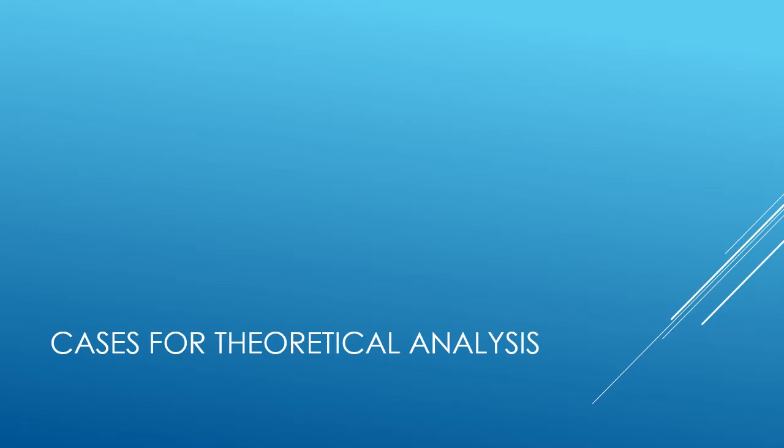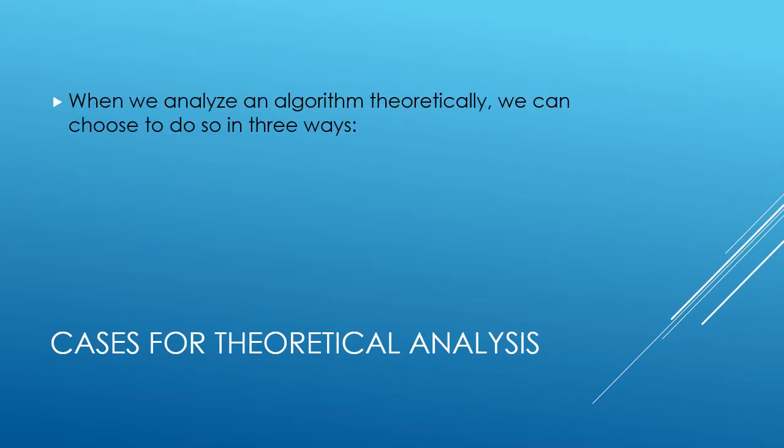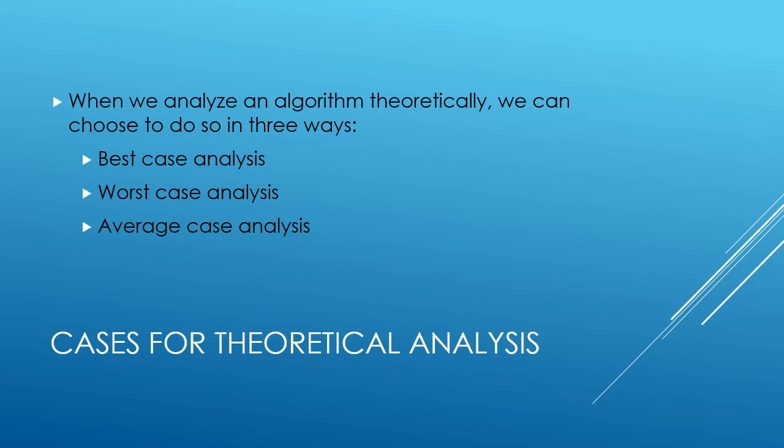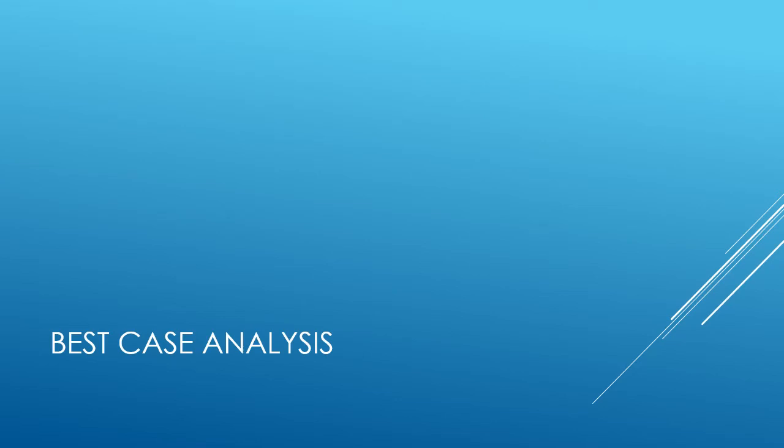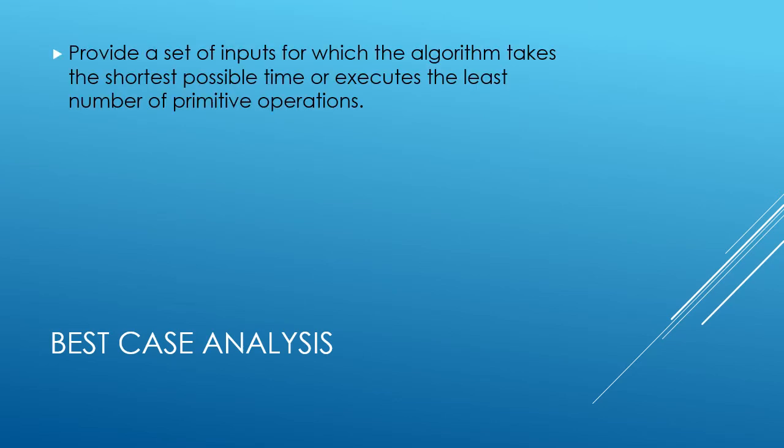Cases for theoretical analysis. When we analyze an algorithm theoretically, we can choose to do so in three ways: best case analysis, worst case analysis, average case analysis. Best case analysis. Provide a set of inputs for which the algorithm takes the shortest possible time or executes the least number of primitive operations.